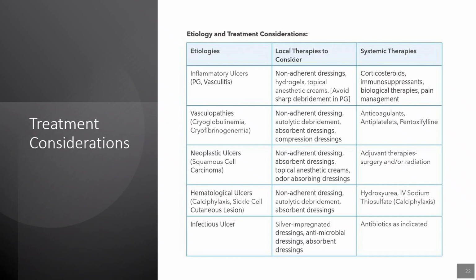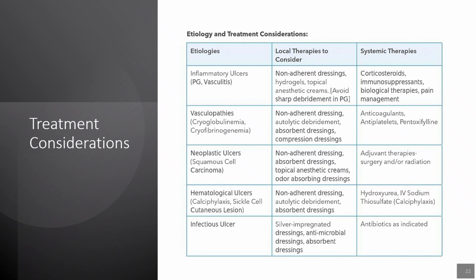Systemic therapies include corticosteroids, immunosuppressants, biologic therapies, and pain management. In cases of vasculopathies, local therapies include non-adherent dressings, autolytic debridement, absorptive dressings, and compression. Systemic therapies with anticoagulants and antiplatelet medications are helpful.